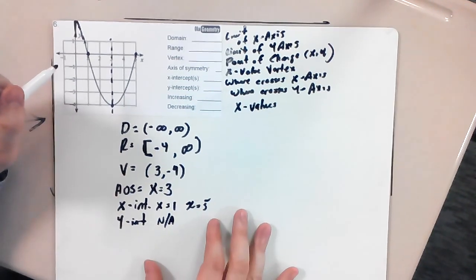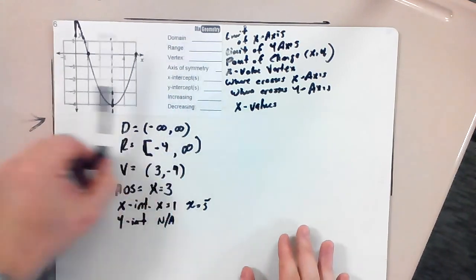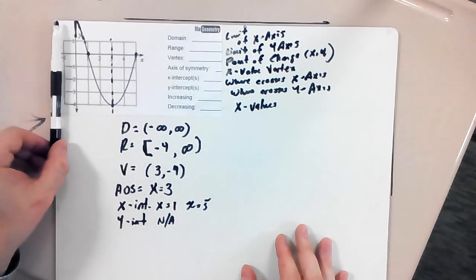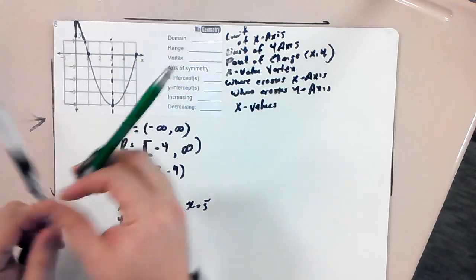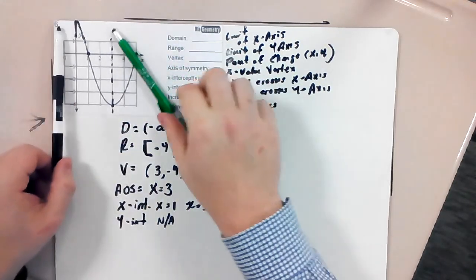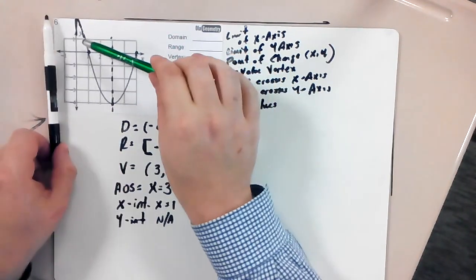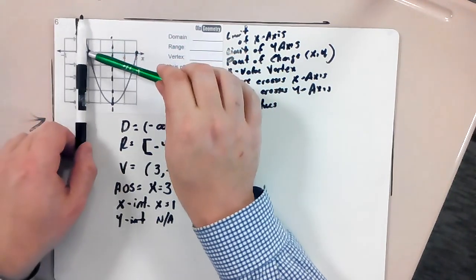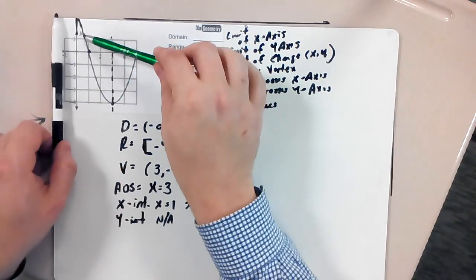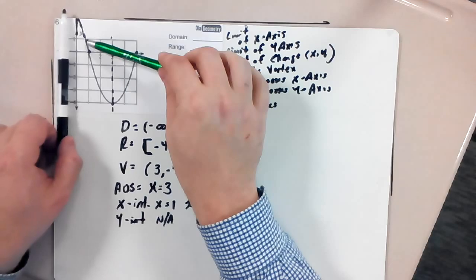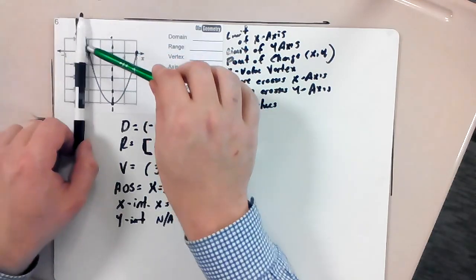So let's look at increase and decrease. Watch what I do here. These are the x values. As I leave negative infinity and approach the axis of symmetry, watch what happens. My stylus is going down. See the way it's going down as I trace the line?